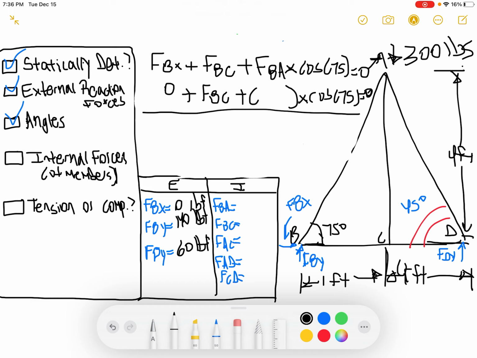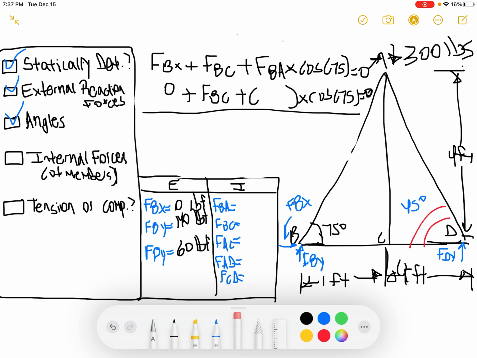We need to now do the y components. Remember, we had forces here, here, here, and here. One y component is FBY, which is the external force. FBY, we already found that. That was 60 pounds of force. That's not the only y component. I'm sorry that I just said that. There's still FBA because it's pointing up and to the right.